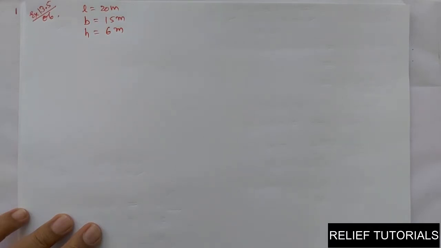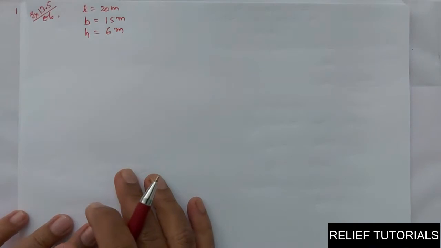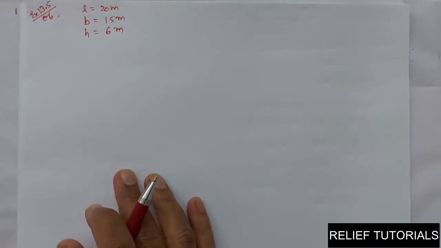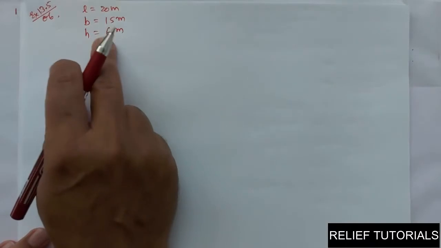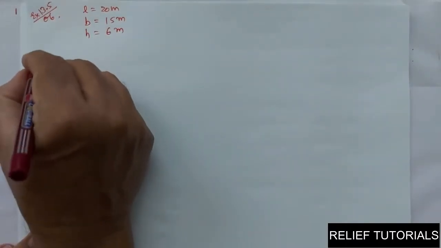So first we have to find out how much water is consumed in one day. Now these dimensions are given. If you want to find the volume of this tank, we can find the volume. But before that we will do one thing. A village having a population of 4,000 requires 150 liter of water per head per day. Clear? So if you want to find volume, we can find volume of a tank.